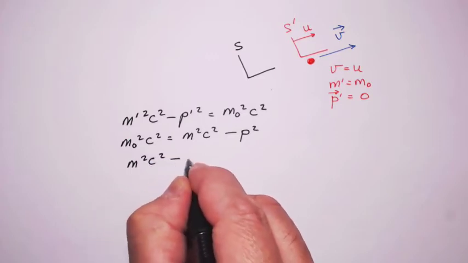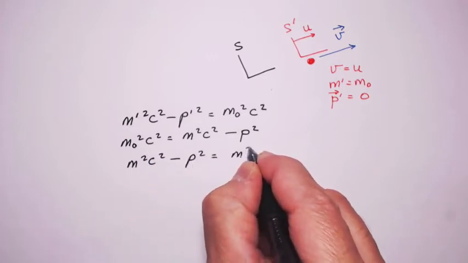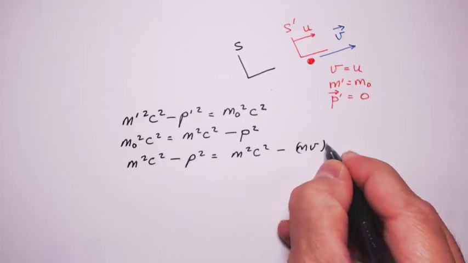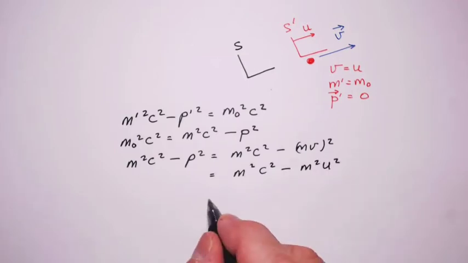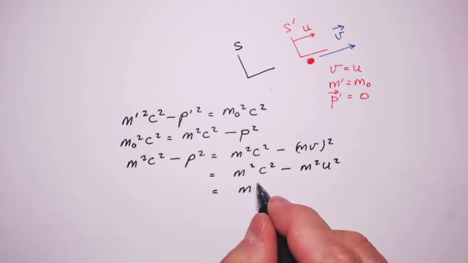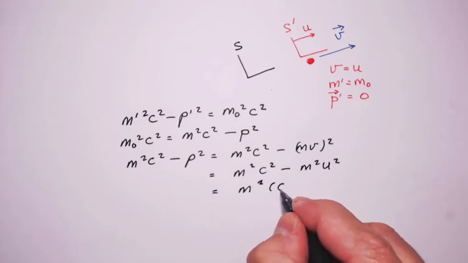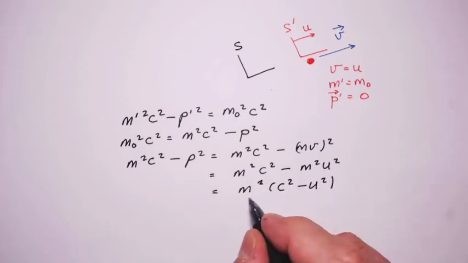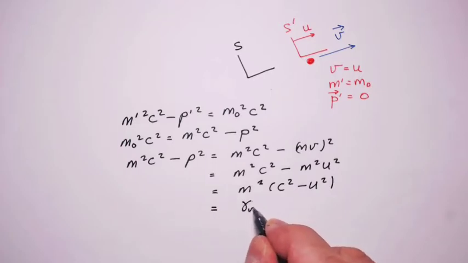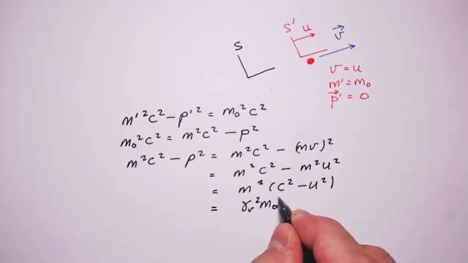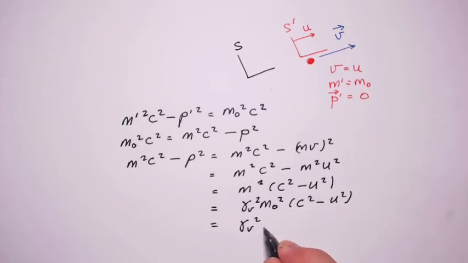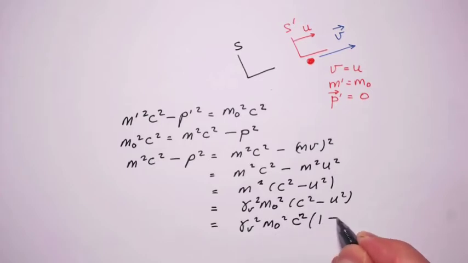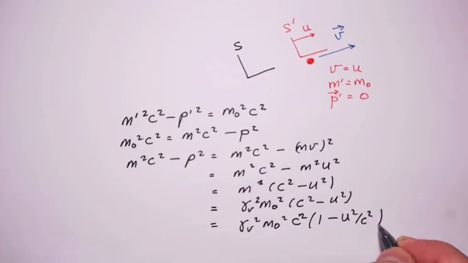Start with m^2 c^2 - p^2, which is equal to m^2 c^2 - m^2 v^2, which is equal to m^2 c^2 - m^2 u^2, since v = u in this case, which is equal to m^2 (c^2 - u^2), taking out a common factor m^2, which is equal to (γ m0)^2, since m = γ m0, times (c^2 - u^2), and then that is equal to γ^2 m0^2 c^2 (1 - u^2/c^2), where we've taken out a factor c^2.